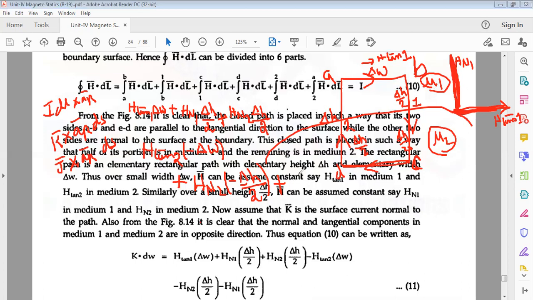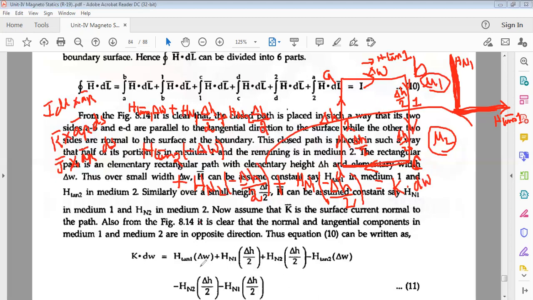So you can take Hn1, and it is opposite the direction of B1 and 2A. Opposite direction. So minus delta H by 2. It's all totally equal to the I. What is that I? The surface current normal direction, K bar dot delta omega, d omega.